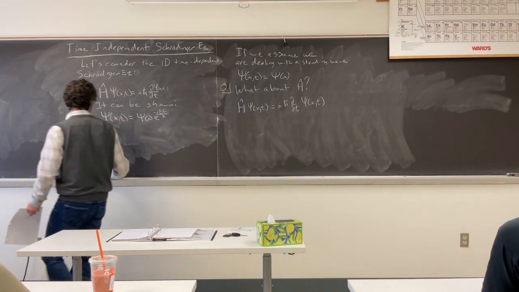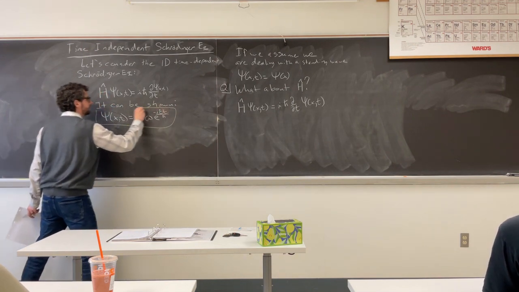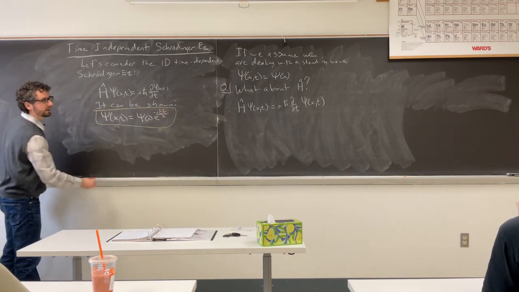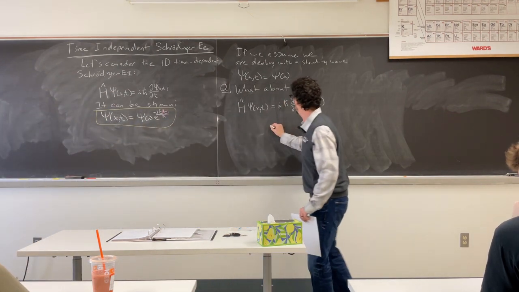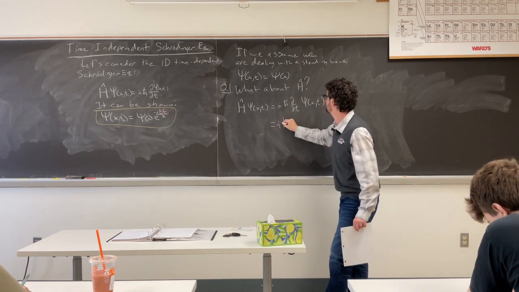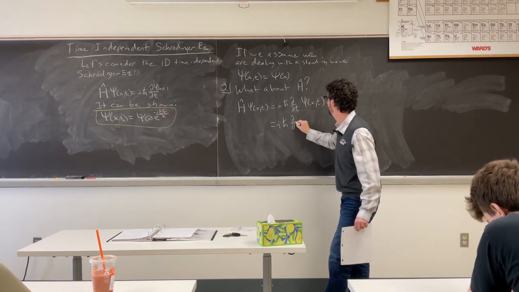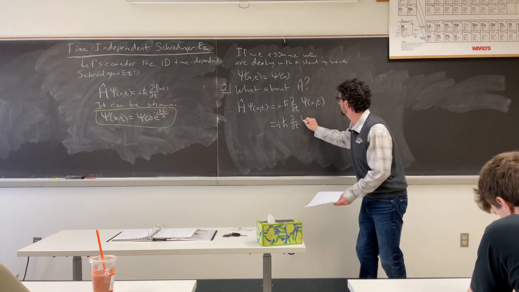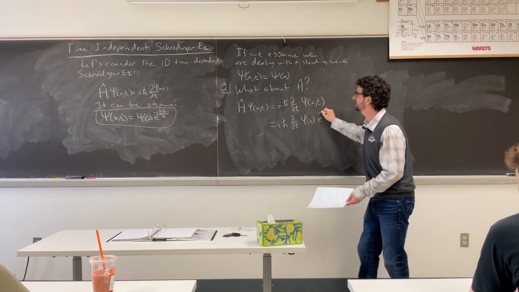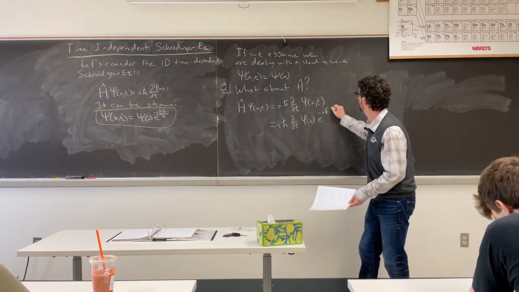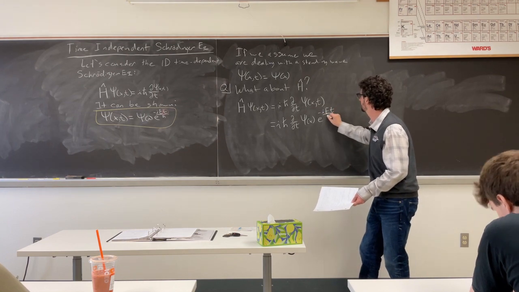But what we can do is plug this thing into our equation. When we do that, we get just the portion that depends on x, and we get this e to the negative i E t over h bar.